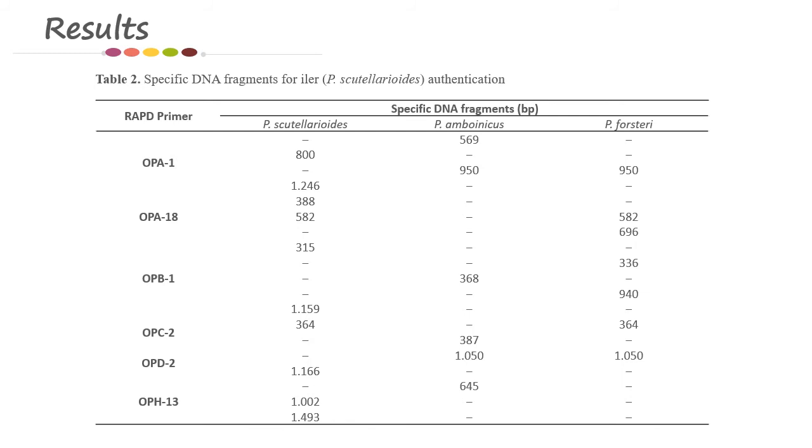Meanwhile, the highest number, 5 specific fragments, was amplified using the OPB1 primer, namely 5 bands with sizes of 315 to 1159 base pairs. Those specific DNA fragments were generated in all accessions of Iler and the two Plectranthus species. Screening and selection of specific DNA fragments were based on reproducibility in amplification of Iler accessions and outgroups, so it is possible for Iler, or Plectranthus scutellarioides, authentication.